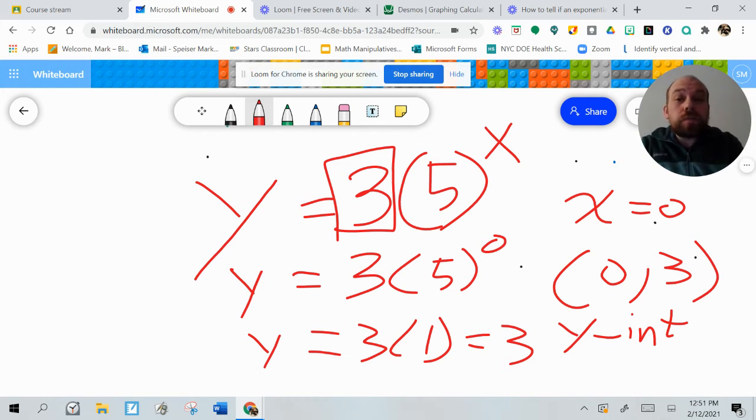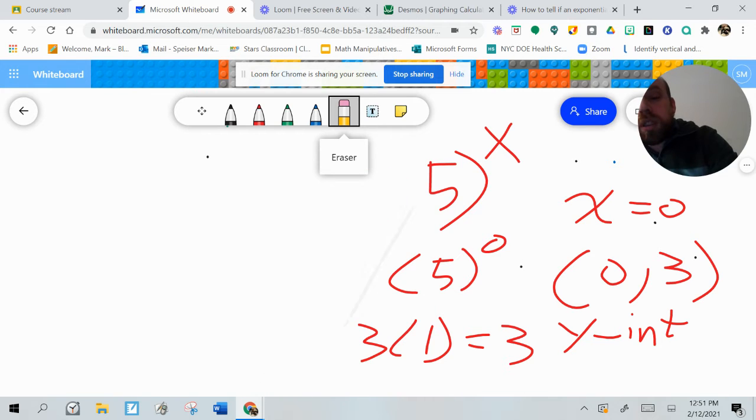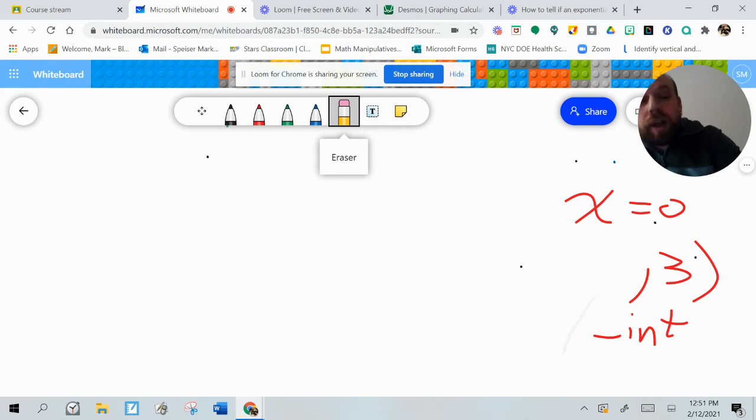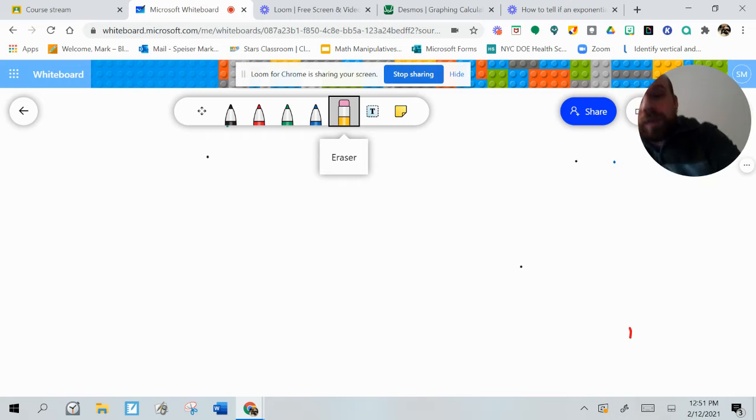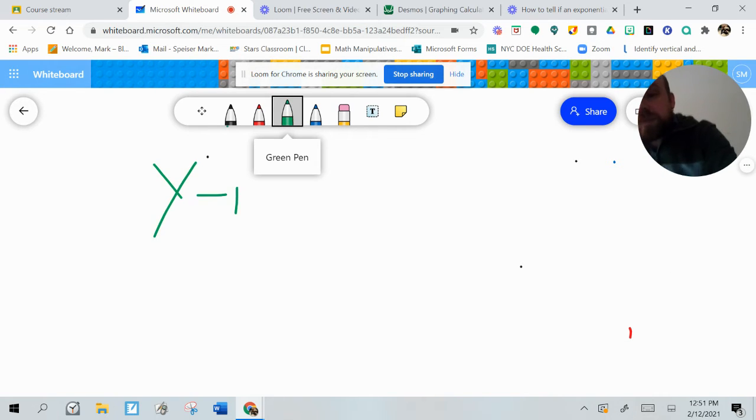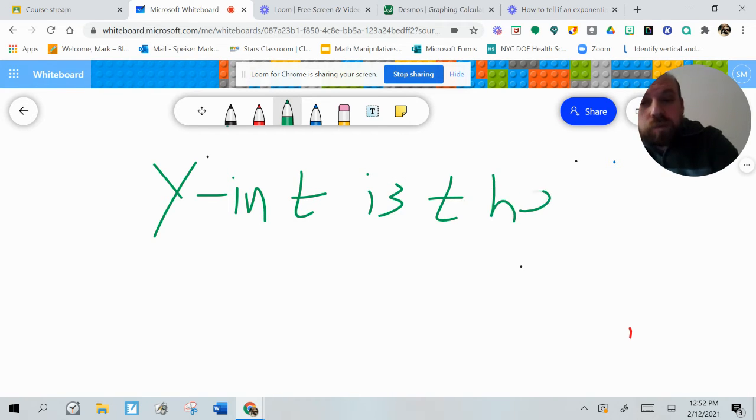And in general, the a term is our y-intercept. So our y-intercept is the a term.